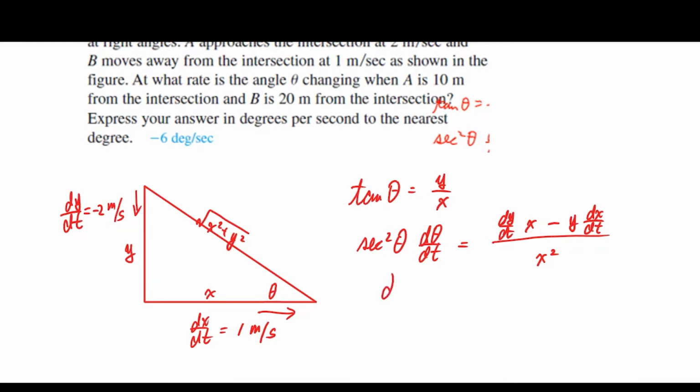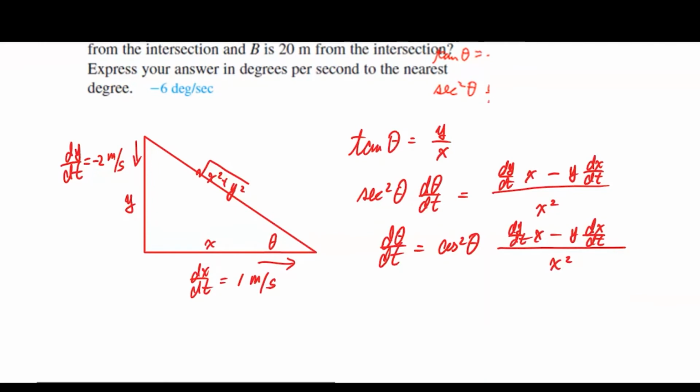Okay, so d theta over dt is equal to, let's say, cosine squared theta times that mess. You with me? Okay, what's cosine squared? Cosine squared is this side over that side now, isn't it? So substitute that in, so we have x squared over x squared plus y squared.